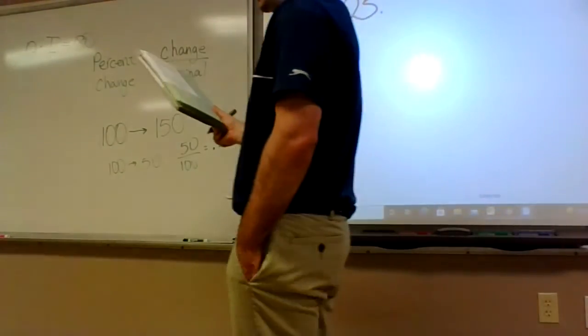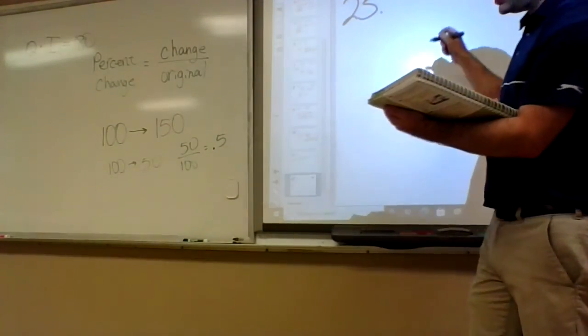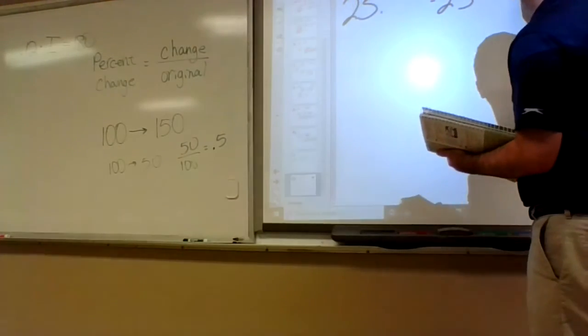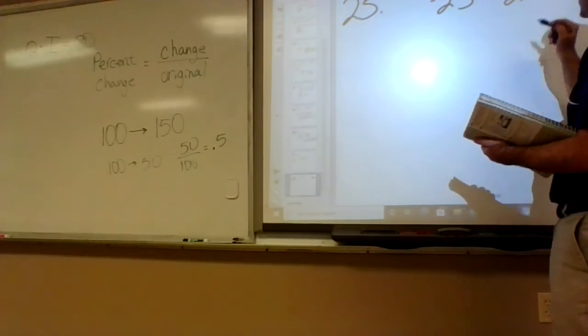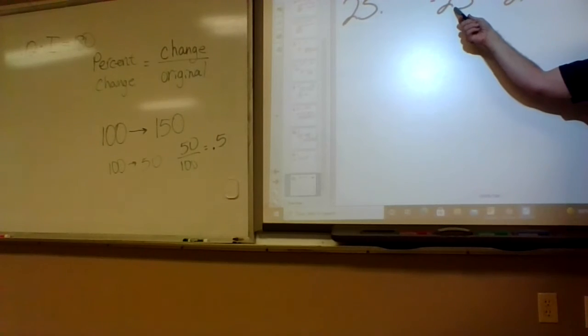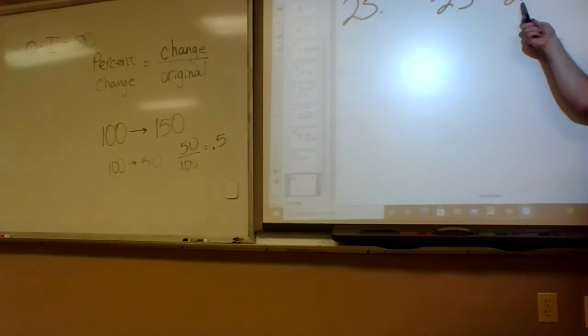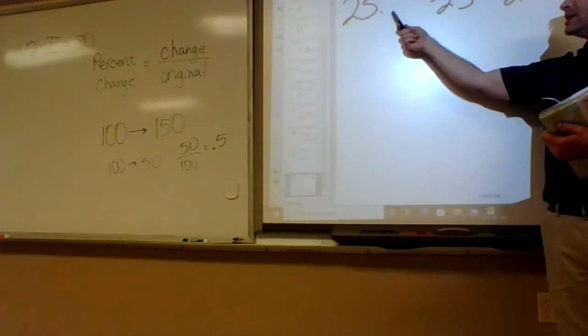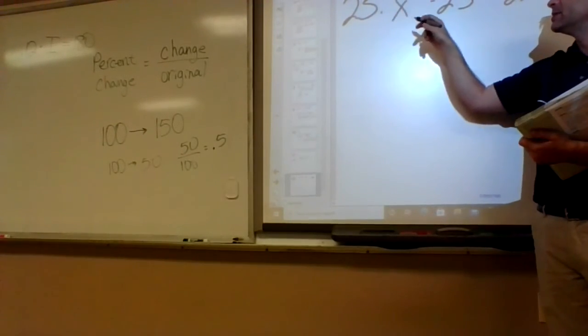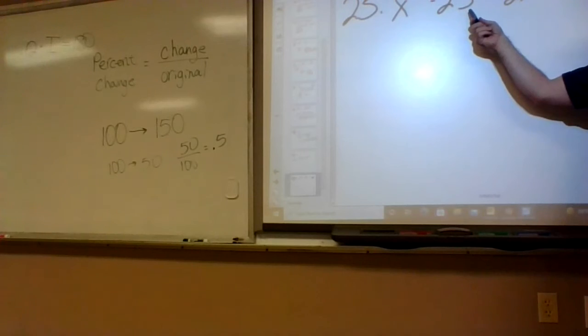All right, 25. Probably the hardest, the last two. All they tell us is that the change is minus 25, and that's 2%. That's a 2% decrease. Okay, so here's what this means. 25 must have been 2% of this number, whatever the original was. I'll call it X again. Did you hear what I just said?